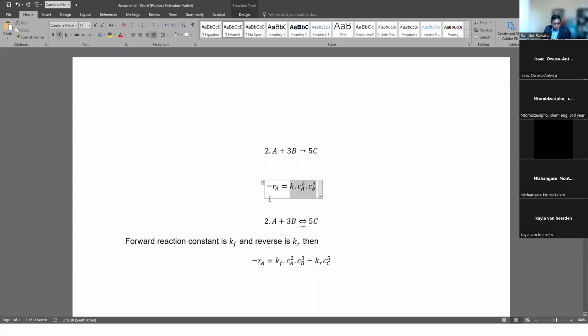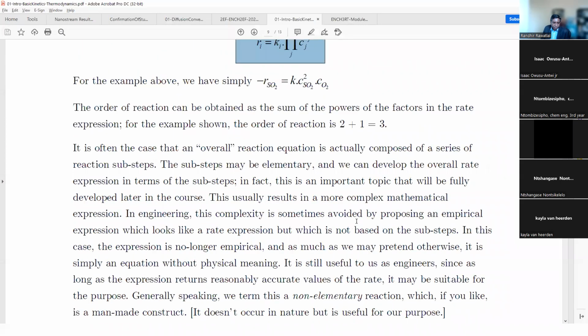So the value of R is the rate itself, and then this term we regard as the expression, by which we can calculate the rate itself. So in the case of the irreversible reaction, that's the reaction rate expression. In the case of the reversible reaction, that's the reaction rate expression. Okay, so those are elementary reactions.